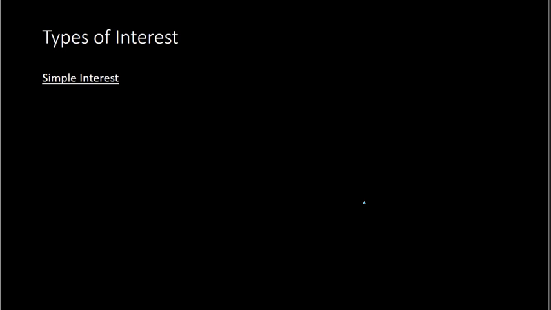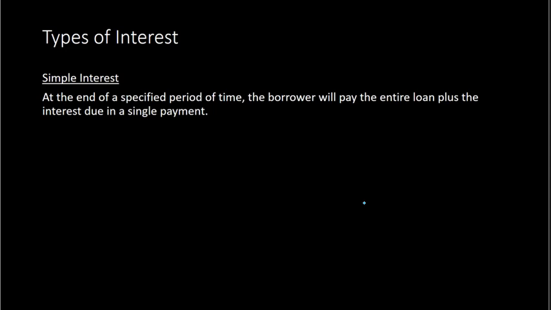So there are different types of interest. You have what's called simple interest, and then you also have compound interest. Simple interest is when, at the end of a specified period of time, the borrower will pay the entire loan plus the interest due in a single payment. So the key here is the single payment.